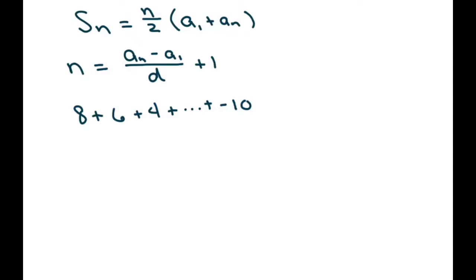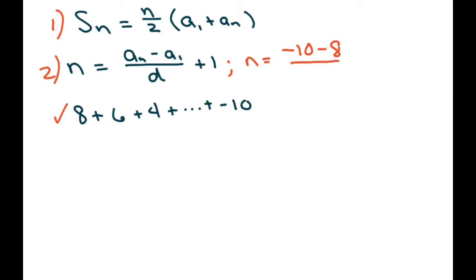So here we go back to this problem. We have our two formulas we're going to use to solve it. We need to know how many terms we have, so I'm going to determine that. n equals my last term minus my first term over my common difference.